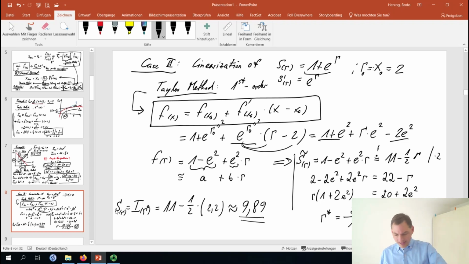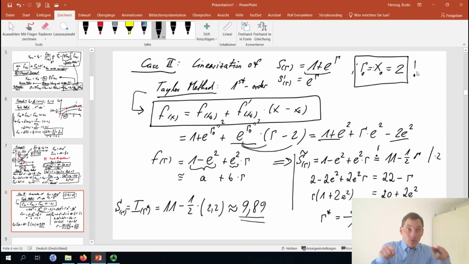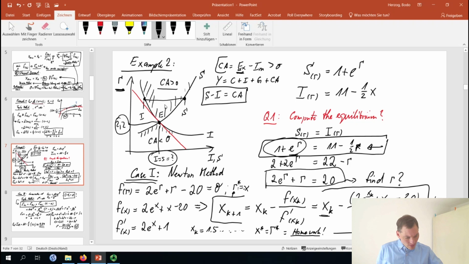The problem here is that when you do the Taylor method, you have to do this linearization around a reference point. So you have to fix some reference point. And look, when you fix a reference point, I choose in my second case 2. Suppose this is 2.